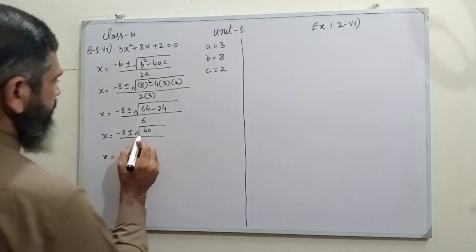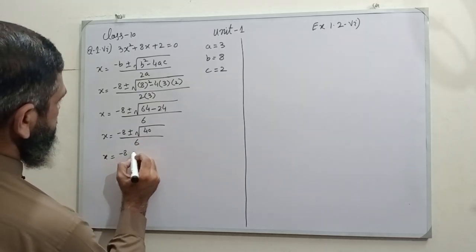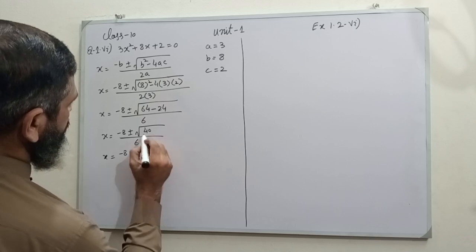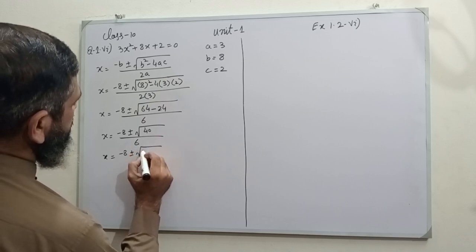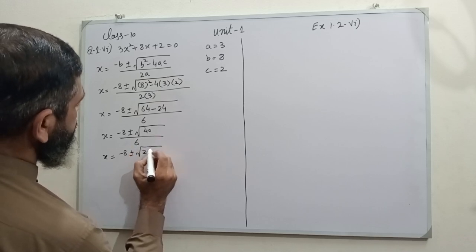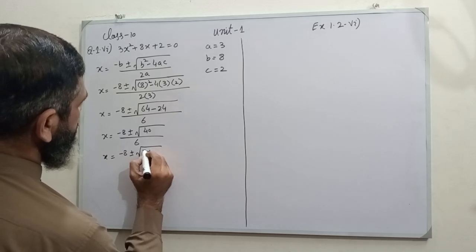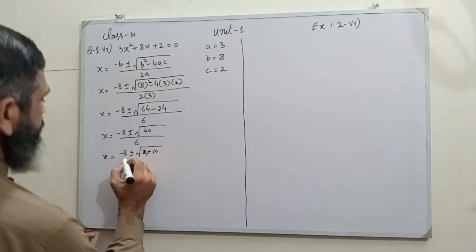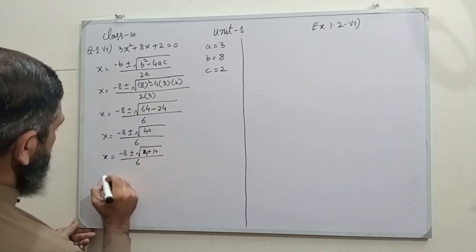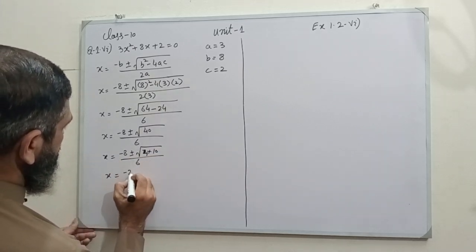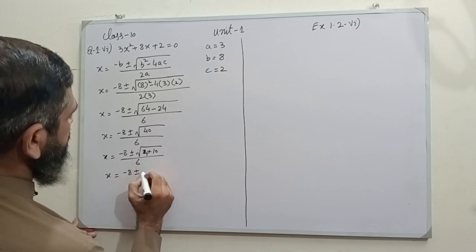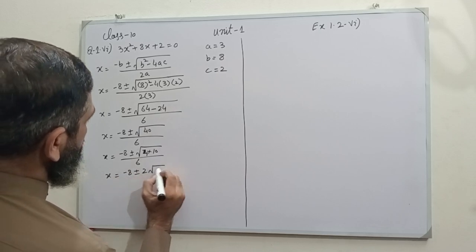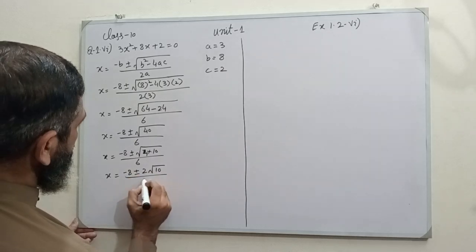So we can write it as minus 8 plus minus under root of 40. We can write it as 4 multiplied by 10. Okay, so if we take the under root, minus 8 plus minus, it becomes 2 under root 10 over 6.